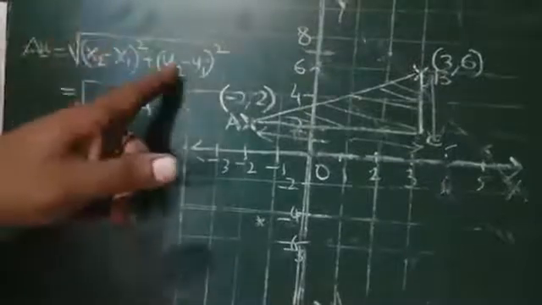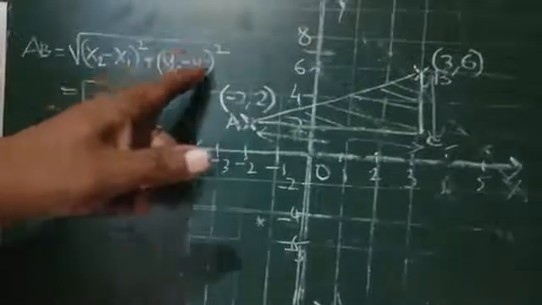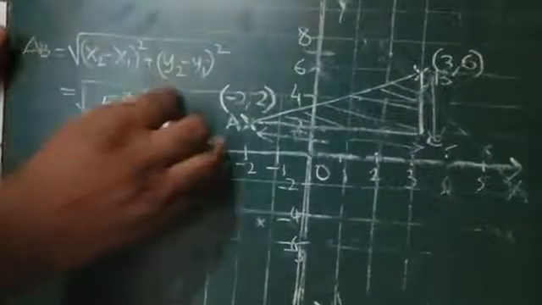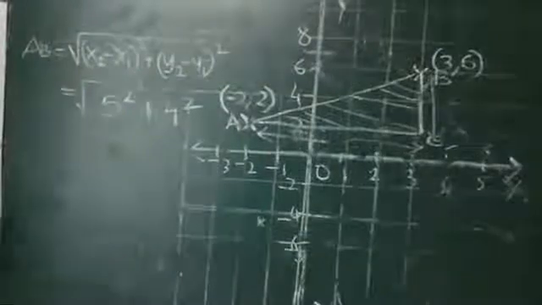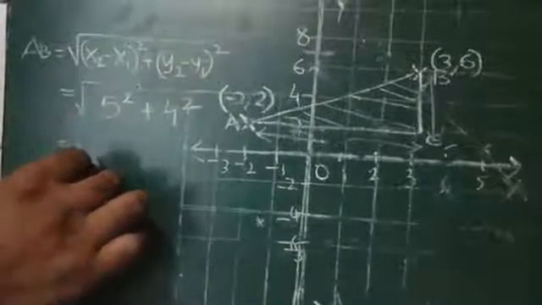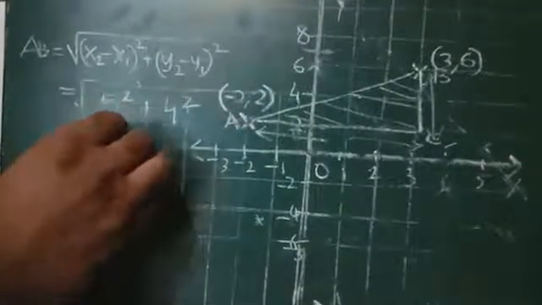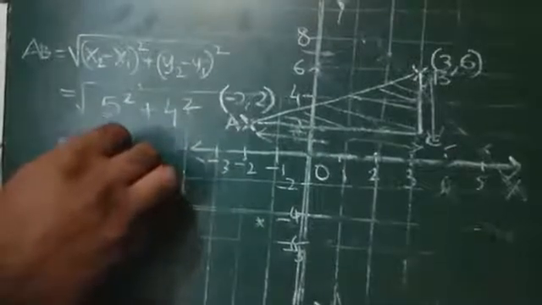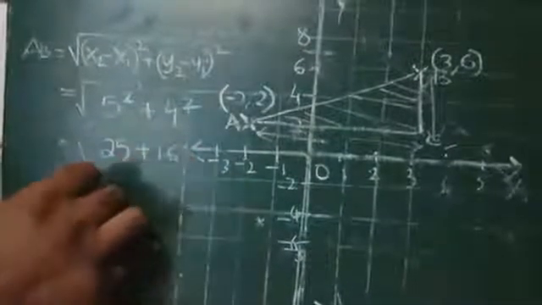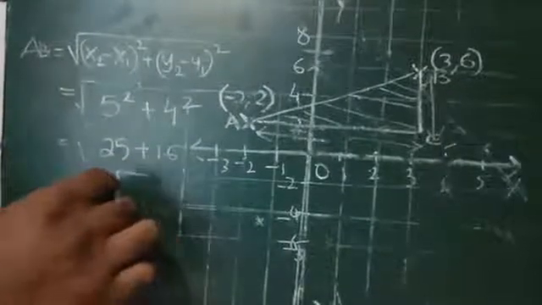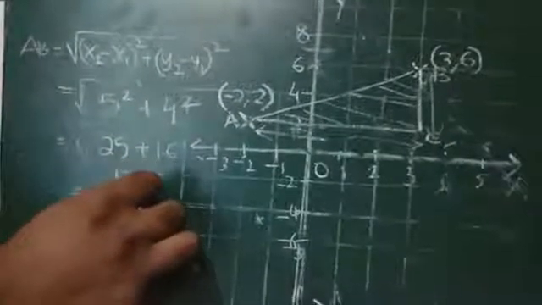Now, the difference of y coordinate. y2 minus y1. That is 6 minus 2, which is 4 squared. That's equal to under the root 25 plus 16. We get it as root of 41 units.